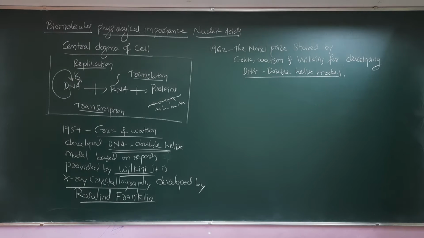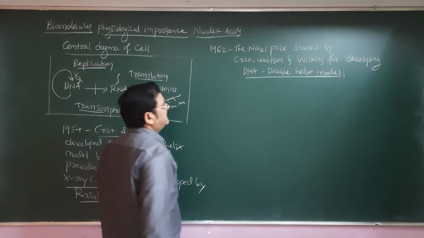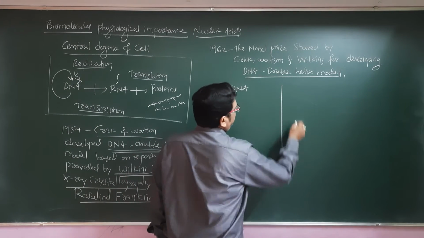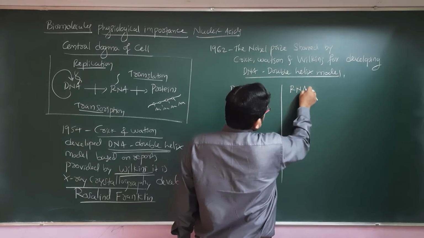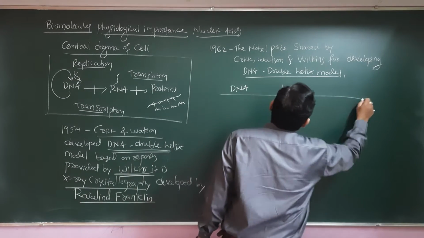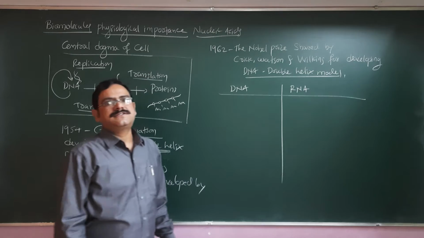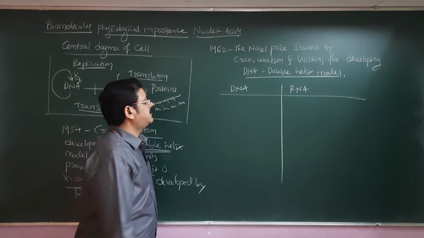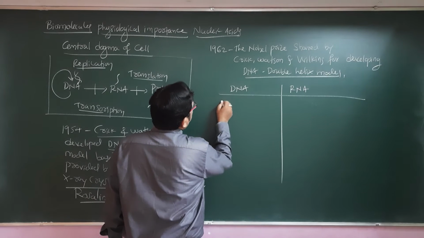When we talk about DNA as well as RNA, before we go into the details of the DNA structure as well as RNA structure or the types, let us understand the basic things. So DNA is a double helix.